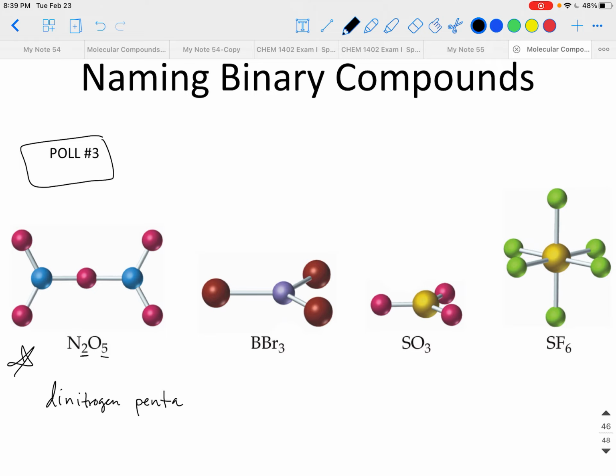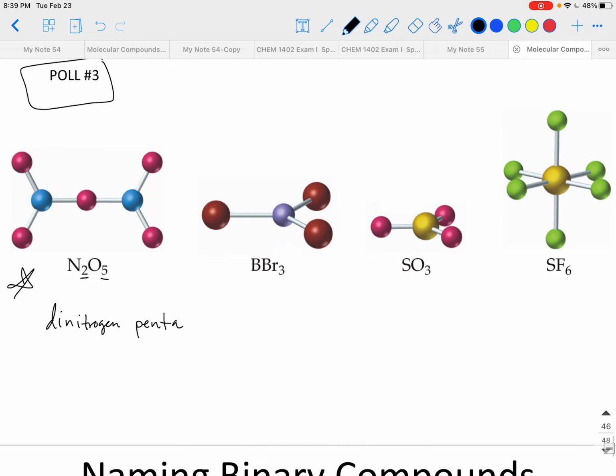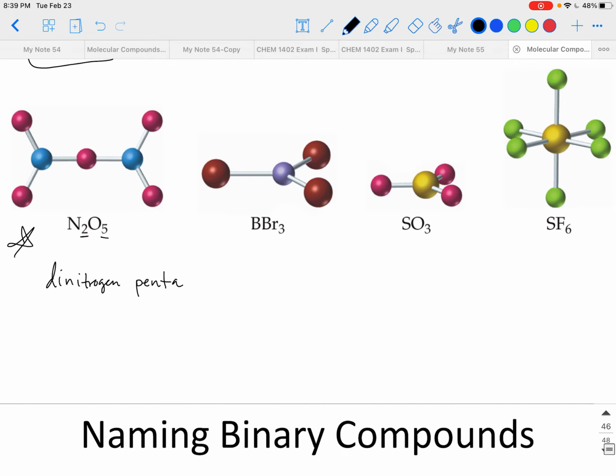Now, there's a thing with the English language, we're not putting these 2 vowels together. Whenever you have your second elemental name, so oxygen, whenever the prefix ends with a vowel and the second elemental name starts with a vowel, A and O, we're going to omit the A here on penta.